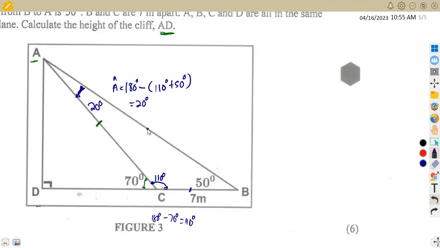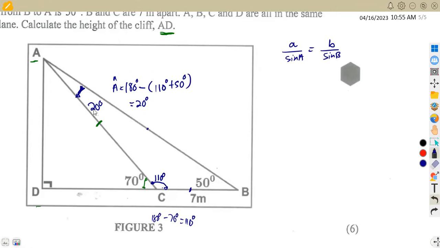So in this case, I'm just going to calculate the side AB. According to the sine rule, we know that if we are given a side and angle, a over the sine of A is equal to b over sine of B. So in this case, AB, this is the side that I want to calculate, this one, AB, all right?